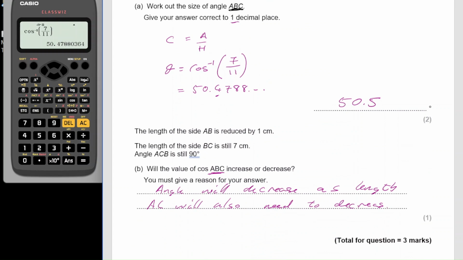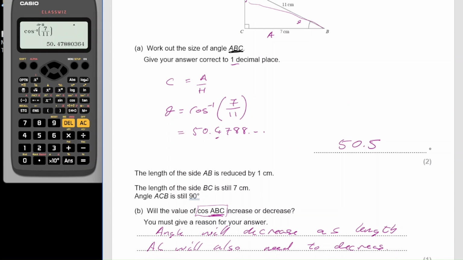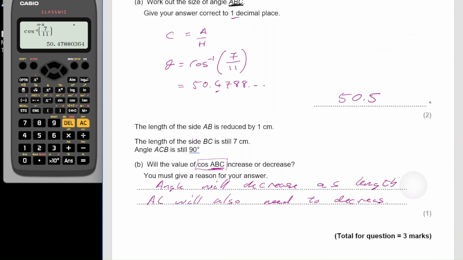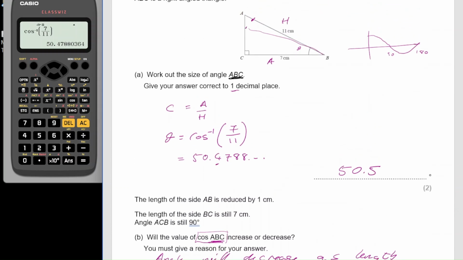Just realized it doesn't actually ask about the angle. It asks about cos of the angle. The best way to explain this, the cos graph looks like that. So currently the angle is 50.5.